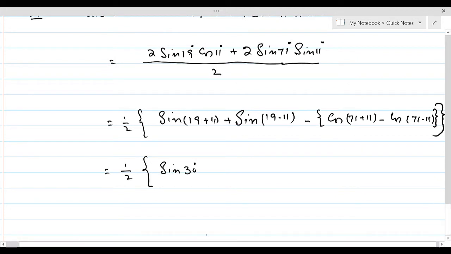So this would be plus sine of 8 degrees. And because of this negative sign outside, we will have minus cos of 71 plus 11, that would be 82 degrees. And negative times negative will become plus cos of 60 degrees.